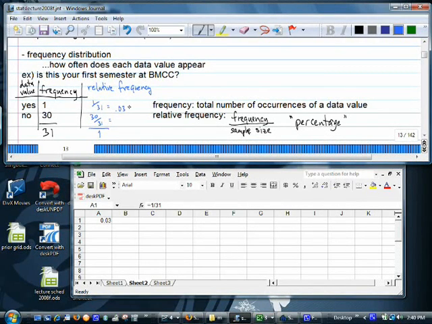It's what? 3%. And then 30 out of 31 is going to be, sorry? 97 percent. And what is it going to be as a decimal? 0.97. Okay.